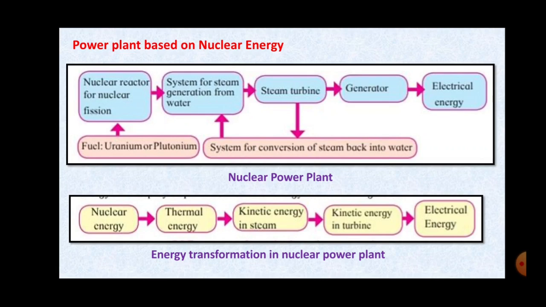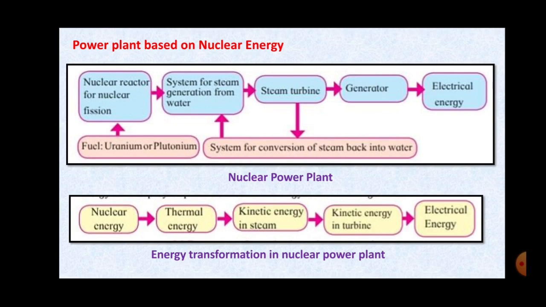Then the system for steam generation from water, here also the water is converted into steam. The steam's kinetic energy runs the turbine. Again the steam is allowed to condense and then it is moved back for the conversion into steam, and the kinetic energy of the turbine starts moving the generator, and in turn the electrical energy is generated.